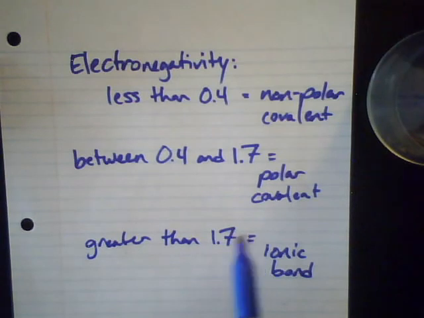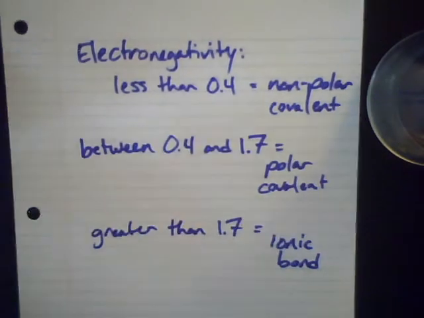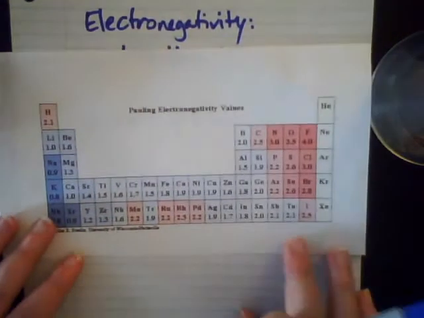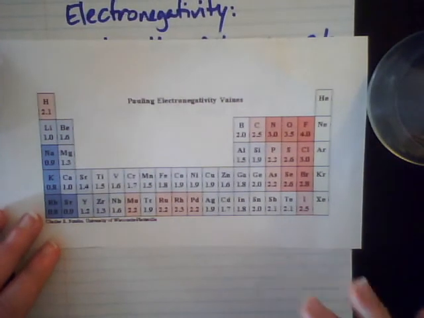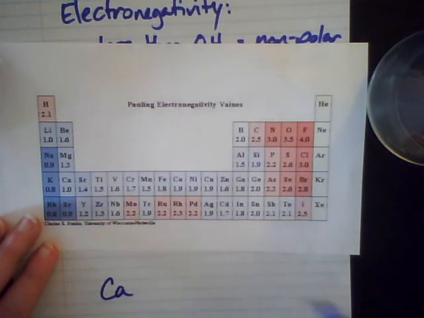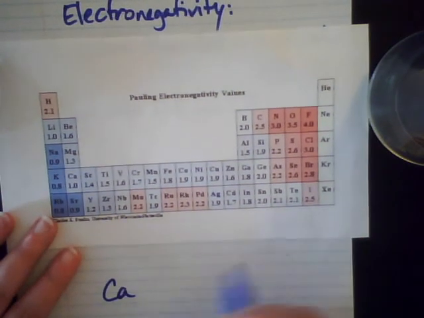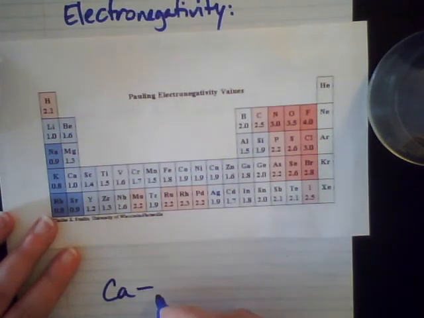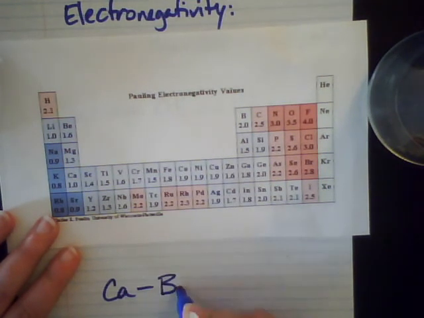If you wanted to see an example of this, let's break out the electronegativity chart again. So if we take calcium, for instance, let's do calcium and bromine together.